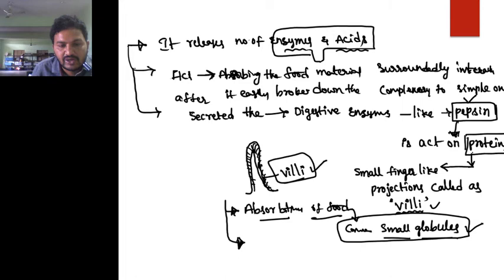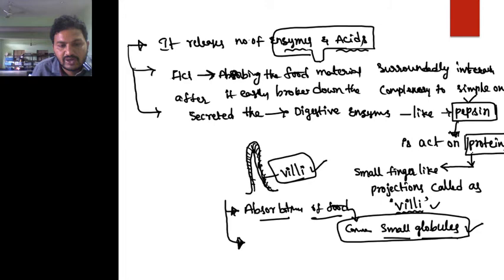So partial digestion is seen in the mouth, and the complete digestion process is seen in the small intestine.